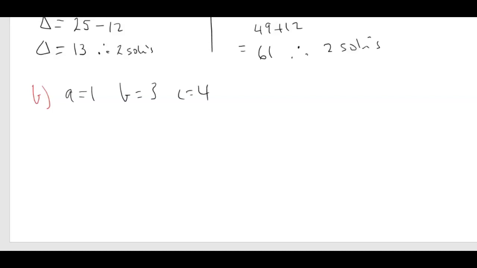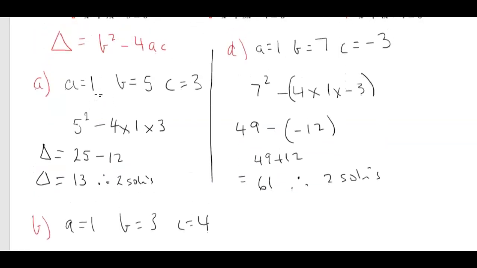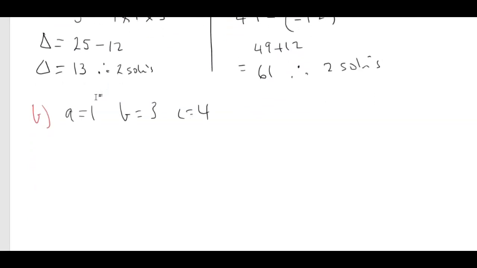All I've done there is the coefficient of x squared, coefficient of x, and your constant. So your discriminant formula, I'm just using that, b squared minus 4ac. So b squared, 3 squared, minus 4 times 1 times 4, so a times c. 3 squared is 9. 4 times 4 is 16. So we're going to get negative 7. And because it's negative, we have no solutions.